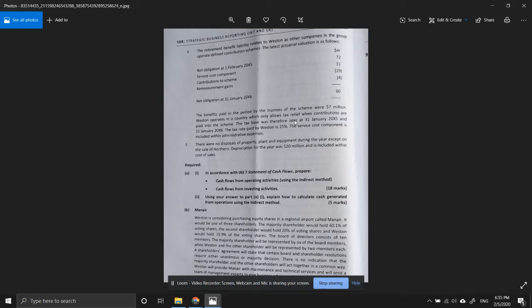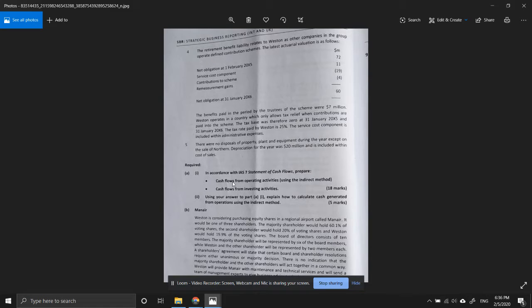The tax base was therefore 0 at 31st Jan 20x6, and the tax rate paid by Weston is 25%. The service component is included within administrative expenses. There was no disposal of PP during the year except on sale of Northern. Depreciation for the year was 20 million and is within cost of sales.